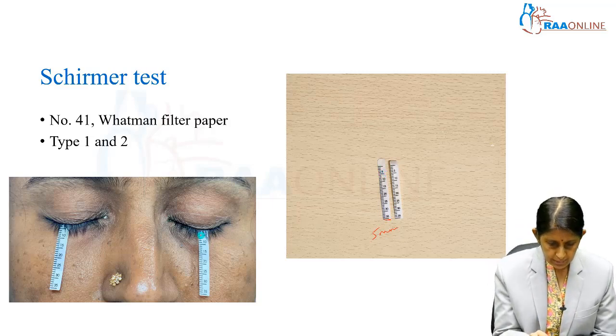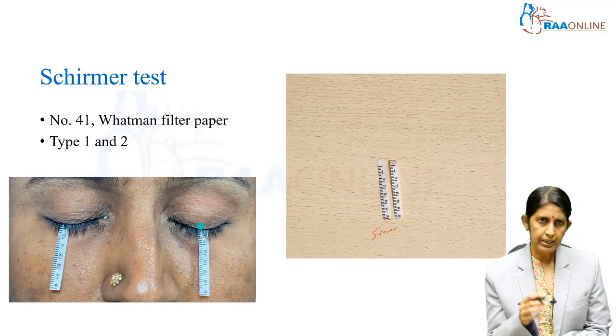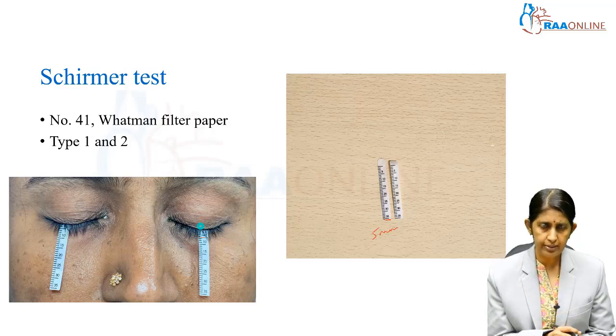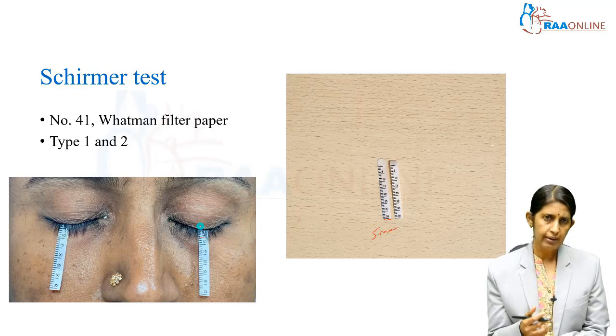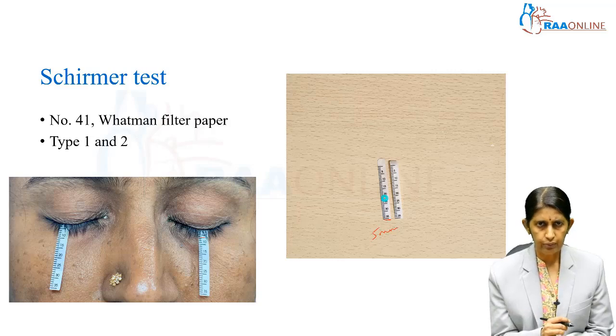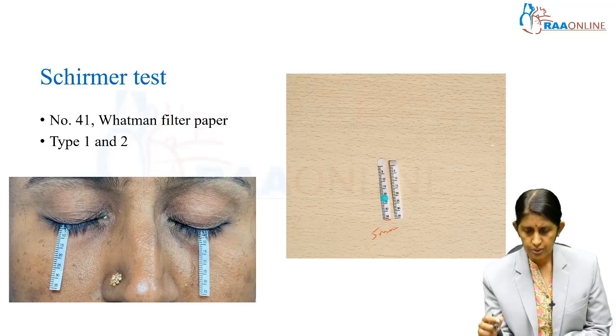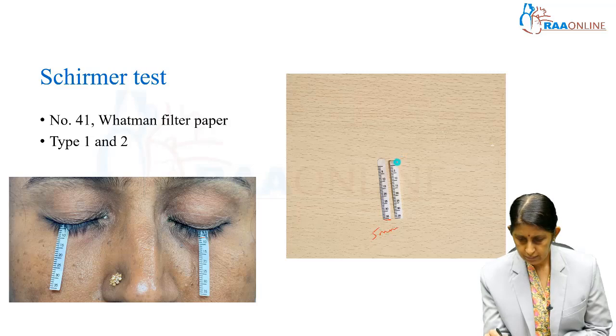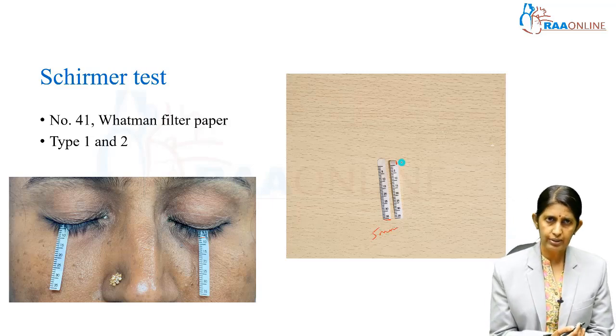So you can see it's bent and placed into the patient's eye, and we ask the patient to gently close their eyes, and when the patient closes her eyes, you will have tears that come and wet this, and then it is removed at the end of 5 minutes and examined. So you can see here that there is a little bit of wetting, but it is just within 5 millimeters, which means that there is inadequate secretion.